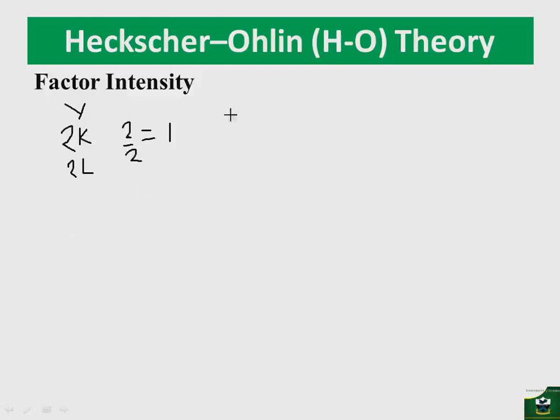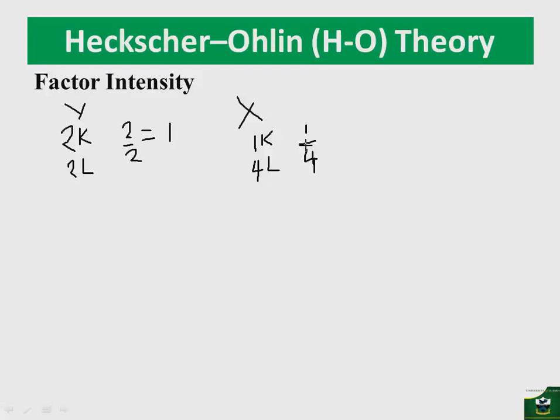And if in the production of commodity X, we are considering to use 1 unit of capital and 4 units of labor, then the capital labor ratio will be 1 over 4, which is simply a quarter. You will notice that the capital labor ratio is high in the production of commodity Y compared to the production of commodity X, because 1 is greater than 1 over 4.